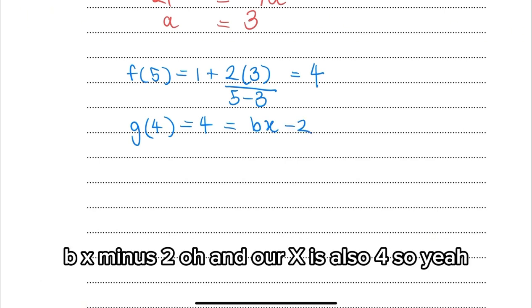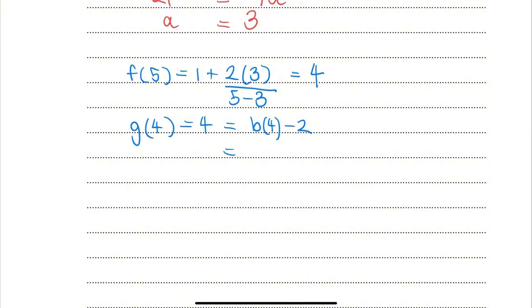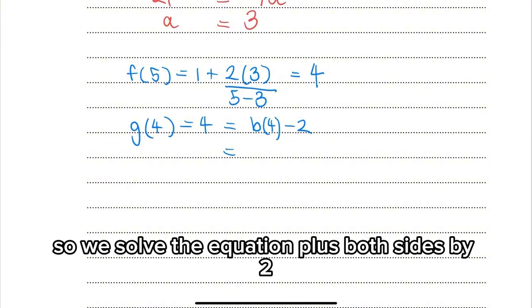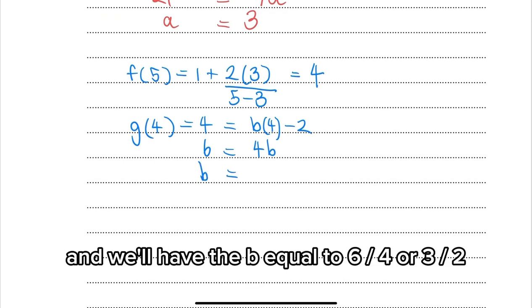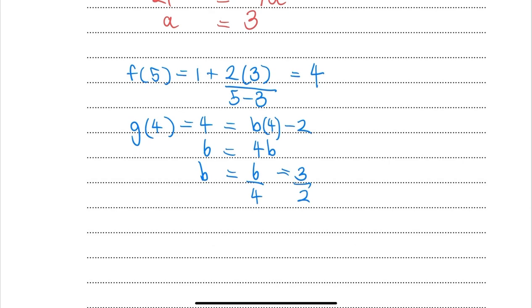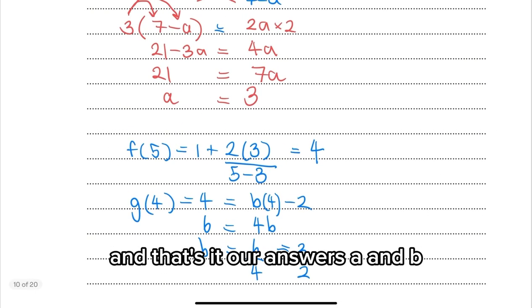Our x is also 4, so yeah. So we solve the equation. Add 2 to both sides, we'll have 6 equals 4b, and b is equal to 6 divided by 4, or 3/2. And that's it. Our answers, a and b.